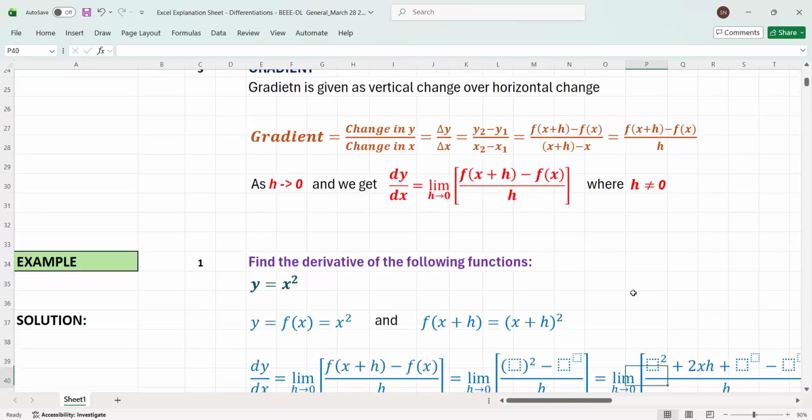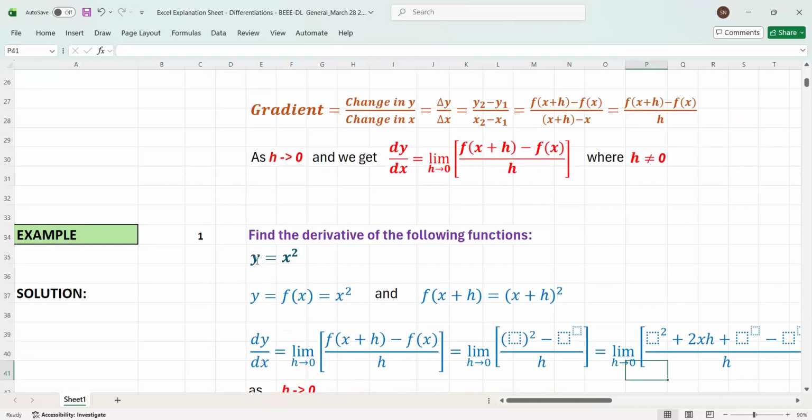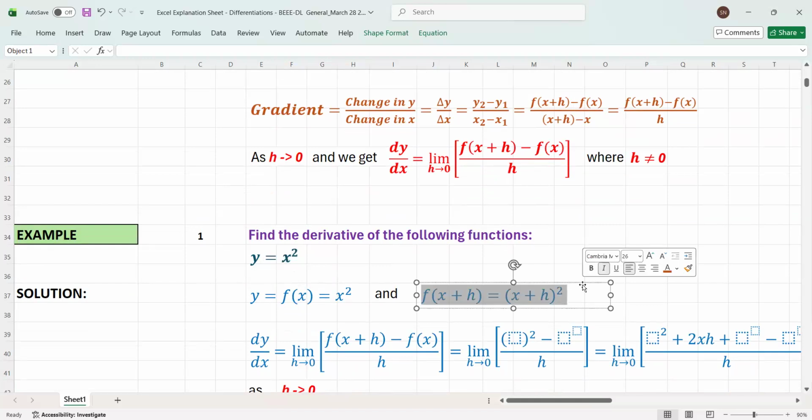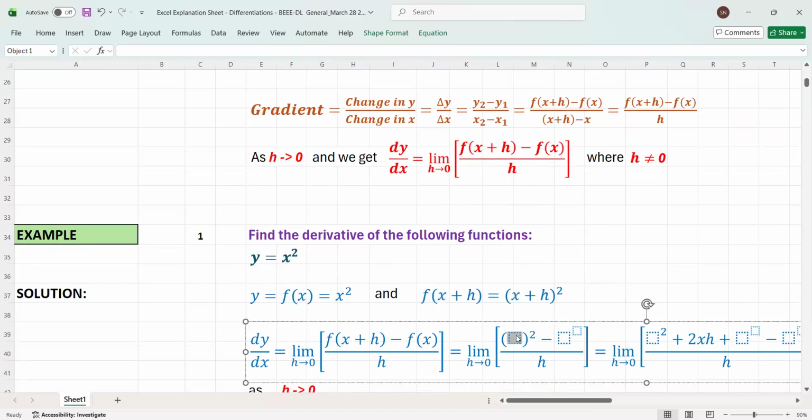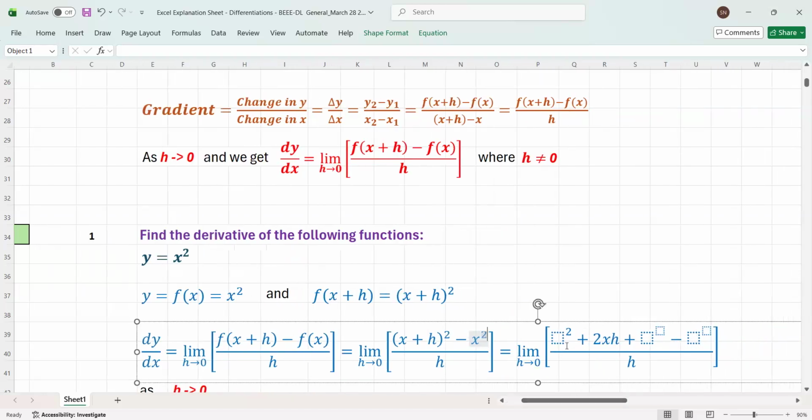Last week, we saw how this can be done. An example was if y is equal to x squared, then f of x plus h becomes x plus h all squared. Substituting that, we get x plus h all squared minus x squared itself. When you expand that, you get x squared plus 2xh plus h squared, and then we subtract the x squared from it.